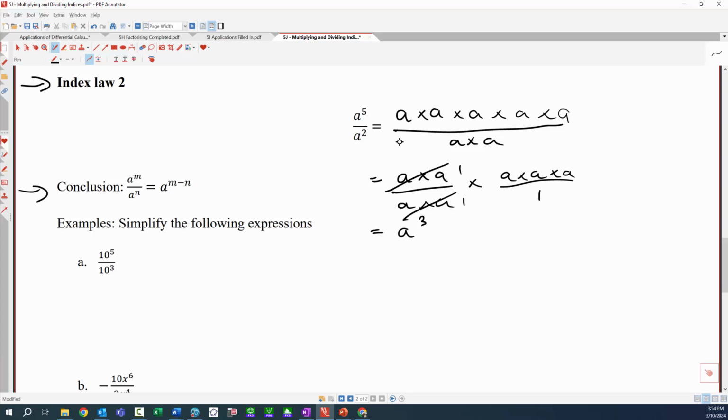Now you might note there that there's a really easy way to do that, that if you notice that you've got common bases, here we've got a base a and a base a being divided, then all you do is you subtract the indices. We just do 5 take away 2, which is 3. And that's what the rule says. So a to the m over a to the n is equal to a to the m take away n.